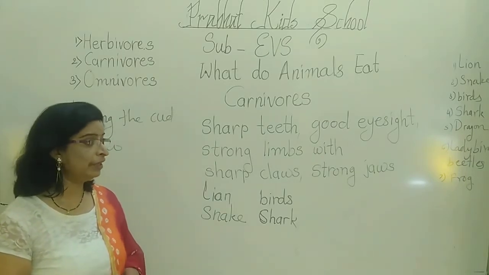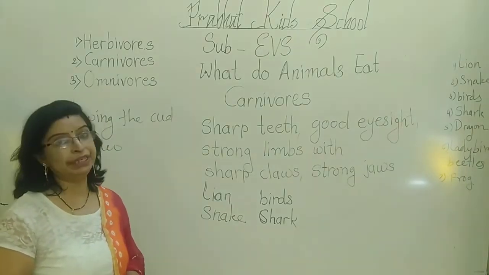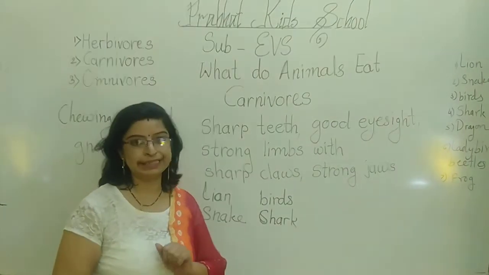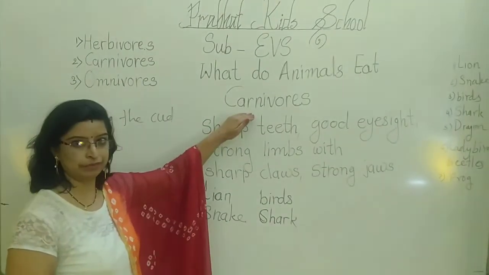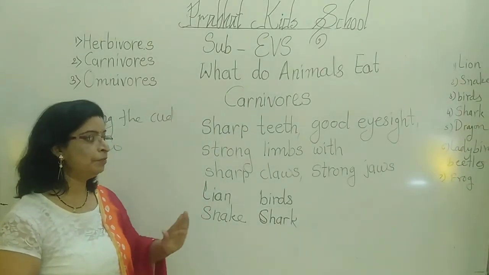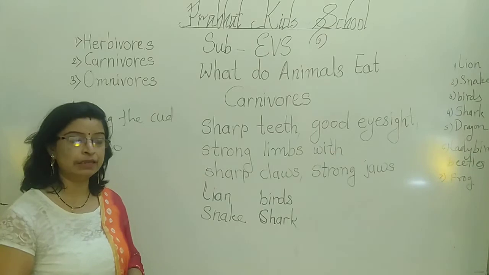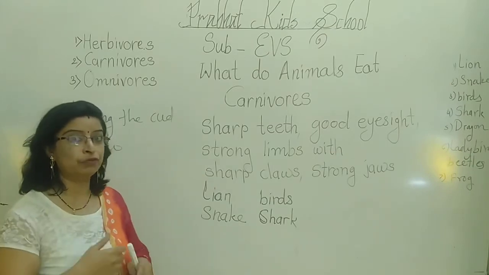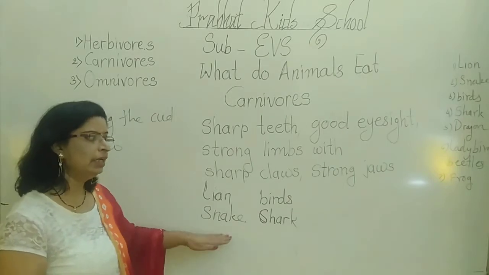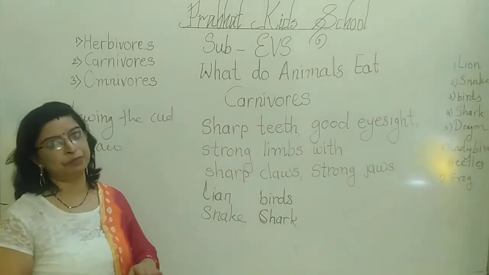Then another one is the ladybird beetle. See students, this ladybird beetle is an insect. It is carnivorous. So what does it do? The ladybird beetle eats the insects that damage the crops. So that's why it is the friend of the farmer.